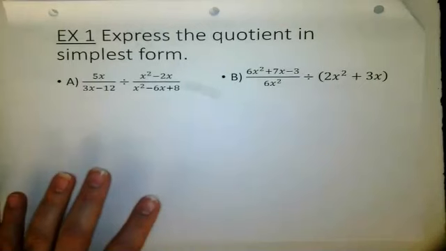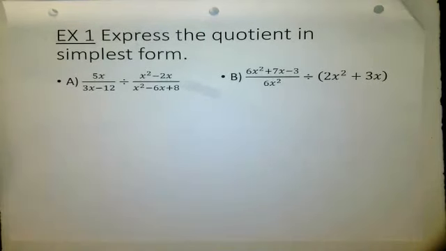So we have 5x over 3x minus 12 divided by x squared minus 2x over x squared minus 6x plus 8.